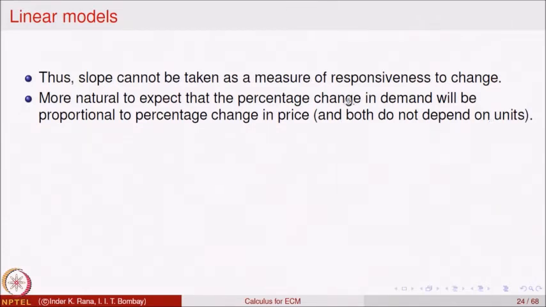If you look at the percentage change in demand when the price changes from P1 to P2, and correspondingly compute the percentage change in price, then the two quantities do not depend upon the units. It is more natural to assume that in a price-demand relationship, the percentage change in demand is proportional to the percentage change in price.